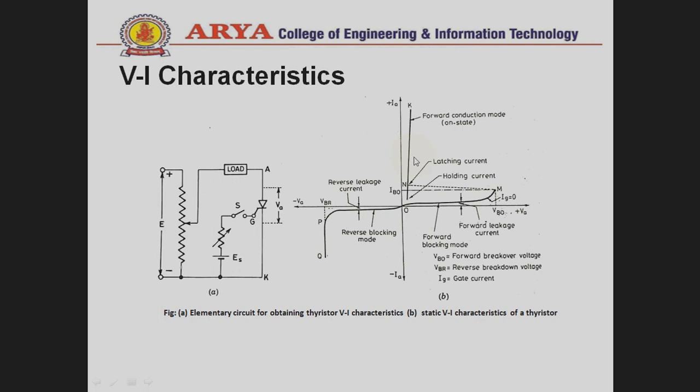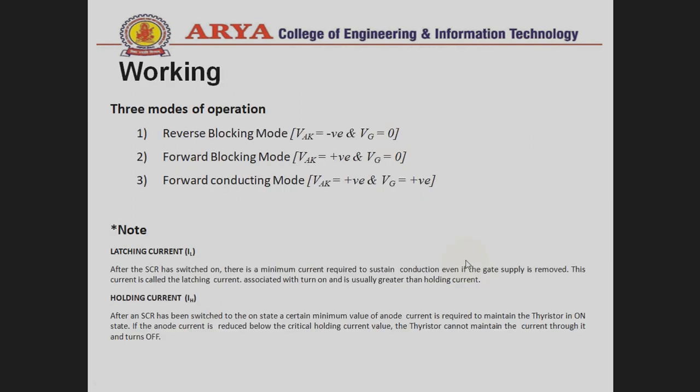So there are two conditions to turn on the SCR. First is to apply the maximum voltage at the terminals of anode and cathode when it is working in the forward blocking mode, and second is when we apply the gate pulse on the gate terminal. So this operation has three modes of operation: reverse blocking mode.